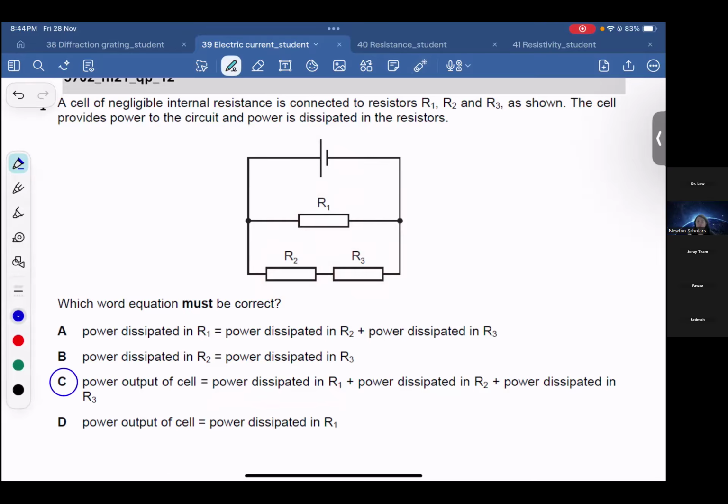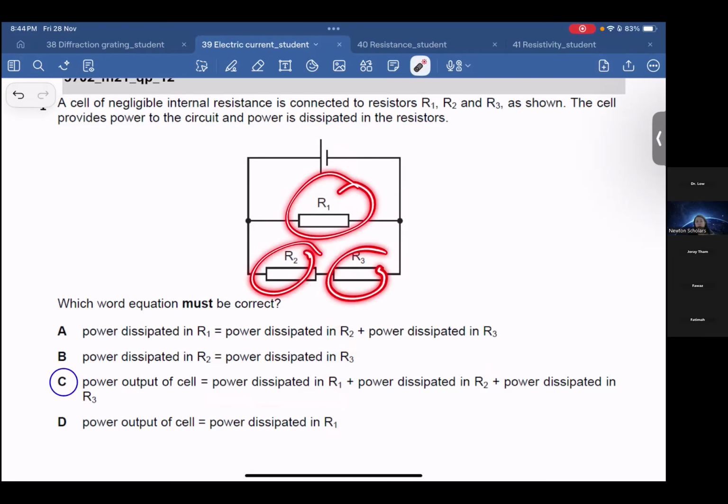So today in AS, we learn one thing: power, no matter in series, parallel or series-parallel circuit, just add it up together. Then A, B, D, we don't know, because unless we are able to calculate it out, we can only compare. They might have different resistance, so we cannot say that they will be the same. Okay, is that clear?